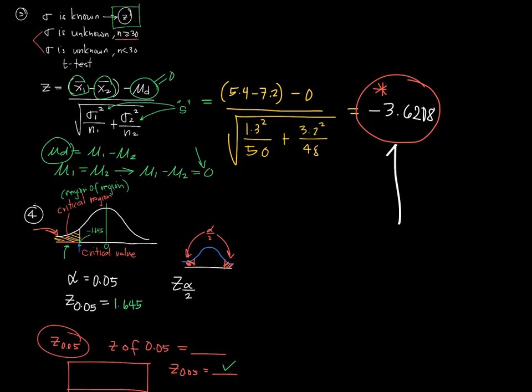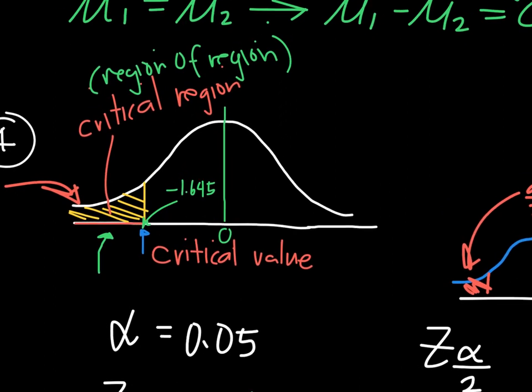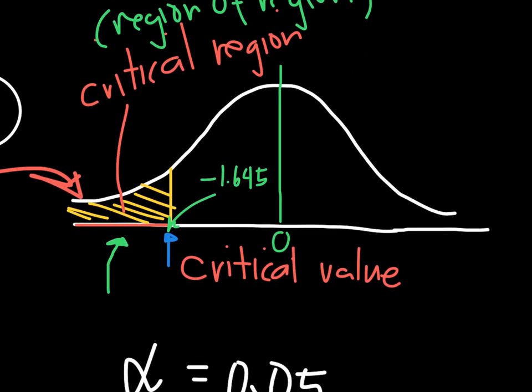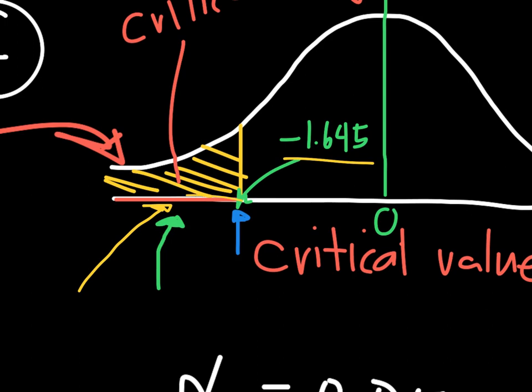Once we have plotted that number, we are ready to refer to our test statistic value, the one that we obtained from step number 3. It says negative 3.6208. Negative 3.6208 is on the left side of negative 1.645. So somewhere here is our negative 3.6208.